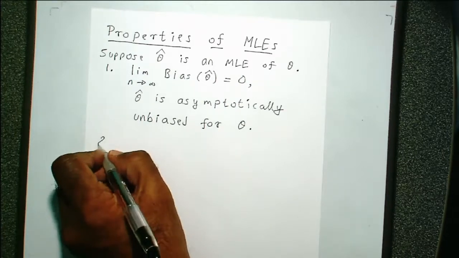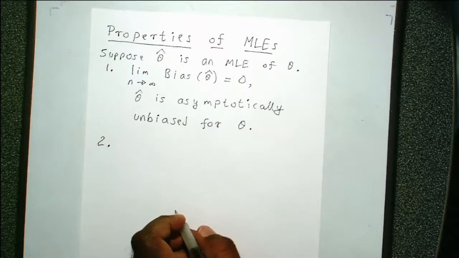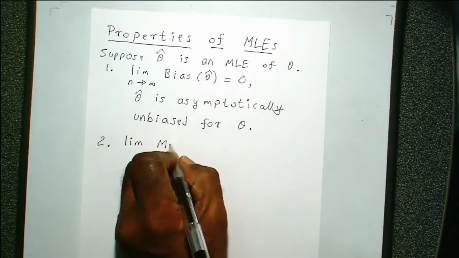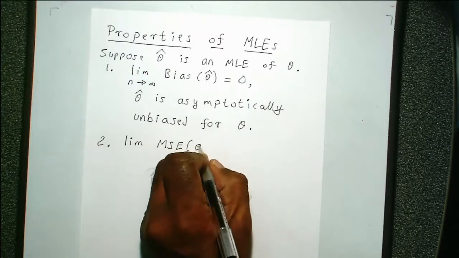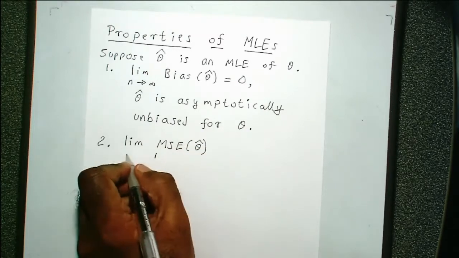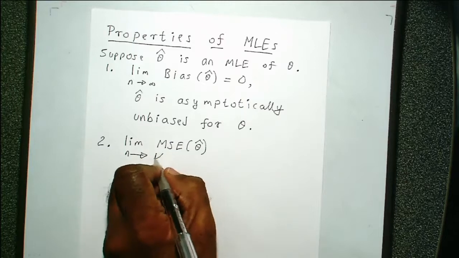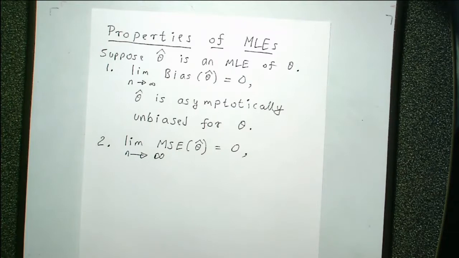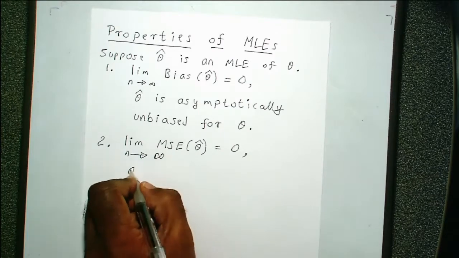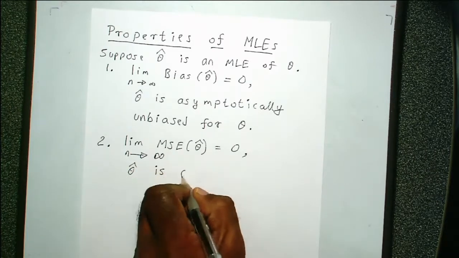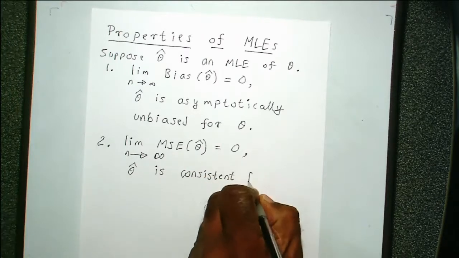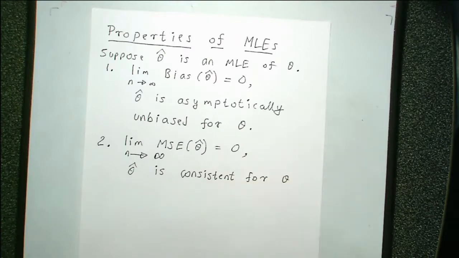Property number 2 is that the limit as n approaches infinity is equal to 0, which is the same as saying that theta hat is consistent for theta.